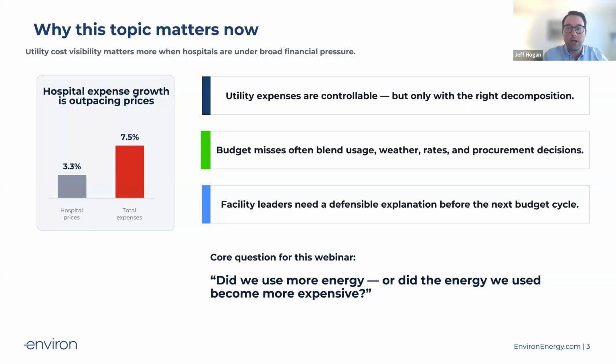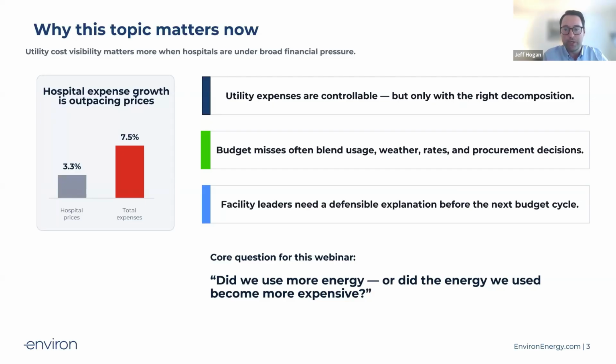Utility expenses are one of the major cost categories that facilities teams can and in fact do influence. But they can only manage and explain those costs effectively if the organization has the right level of cost granularity, cost decomposition, depending upon how you want to frame it. If we all know that the utility bill increased, but we may not know yet what happened.